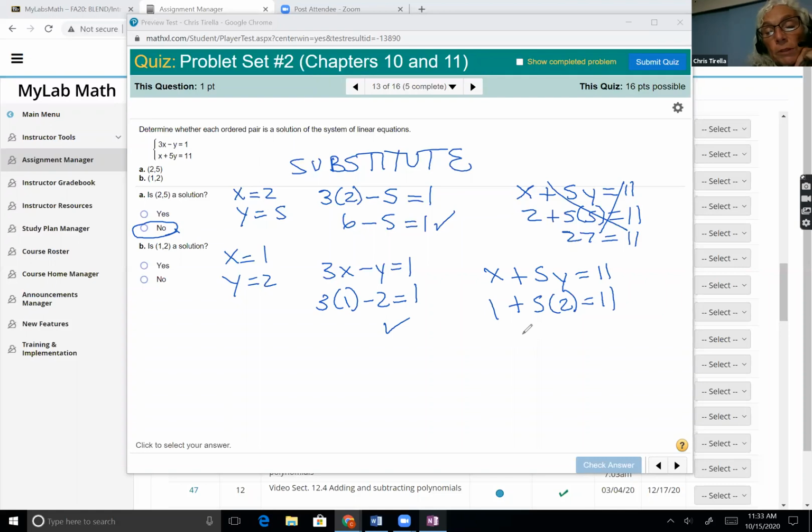Well, 1 plus 10 is 11, so that one checks, and this one's a yes. Is everybody comfortable seeing if you're having a solution to a system? Not hearing any complaints? We'll go on to the next question.